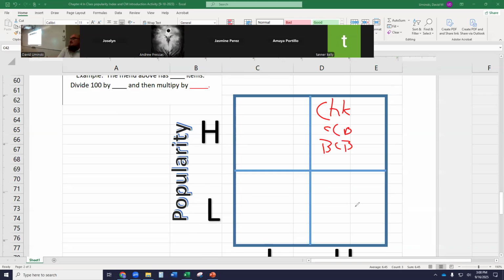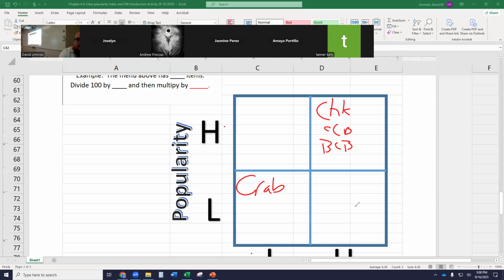The next one is low. That's the easiest one to find because it's 2 L's. So which one is our low? Crab cakes. Anything else? I think that's it. Now the next one is high popularity, but low contribution margin. That's our plow horses.